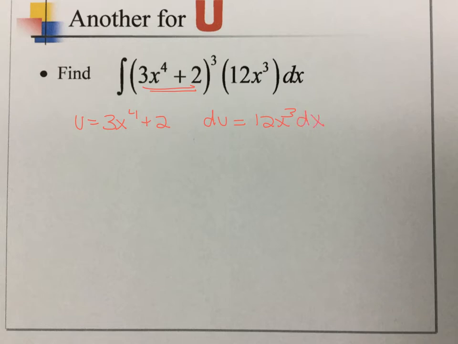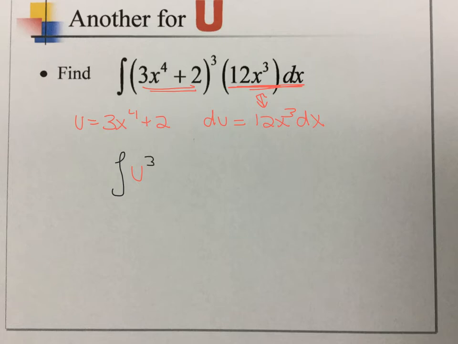dx. So now my job is to go back and say, do I have my derivative in there? And I can see plainly right here, these two are exactly the same. So that I can then rewrite my integral in terms of u. So I'm now going to say the integral of u to the third.